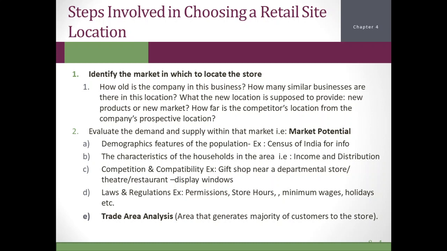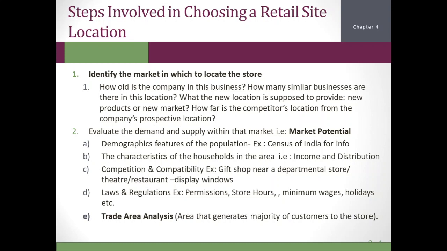The income level of the people, the profession people do, the age groups, the religion, lifestyle, etc. The characteristics of the households in that area, the income and distribution, the competition and compatibility.